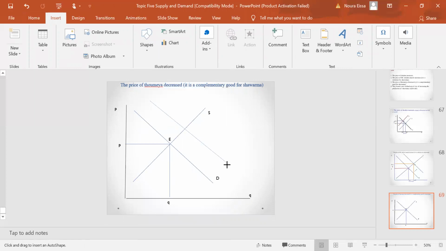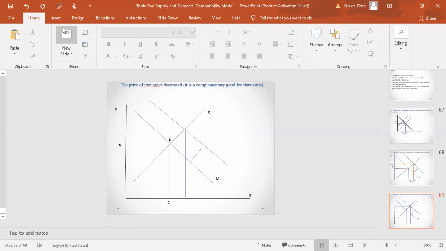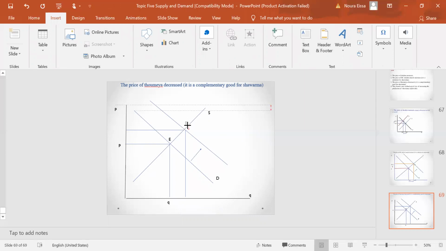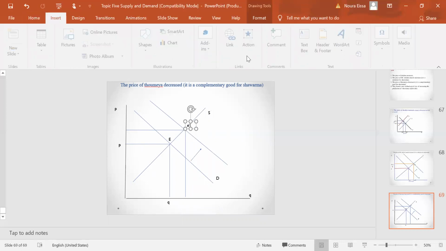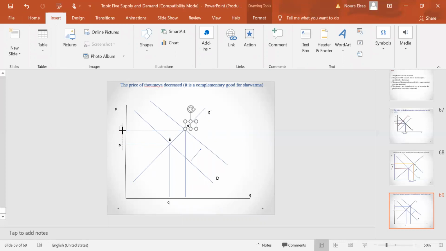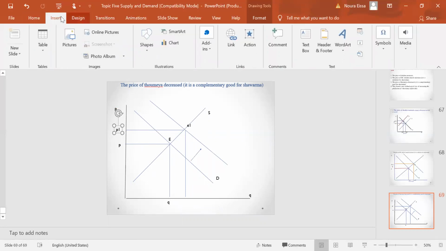So this is the new demand. This is the new equilibrium price. And this is the new equilibrium quantity. All right. The arrow, let's show what's happening here. Your demand has increased and shifted to the right. This is the new equilibrium, and this is P1, and this is Q1.